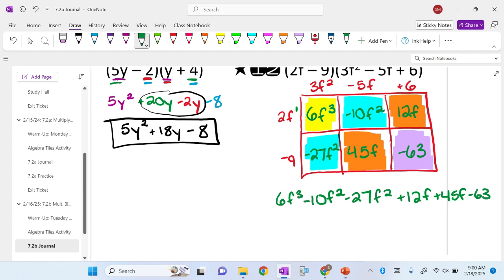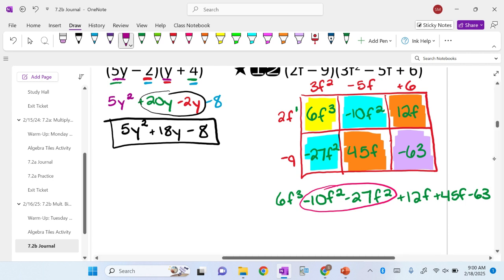So my like terms are where? So we got the f squareds. Right. And then the other one would have been 12f and 45f.